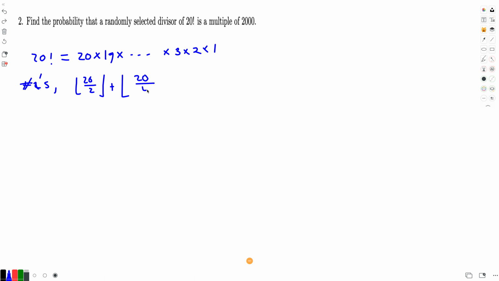So we need to account for those as well. Again, we're undercounting the ones with 3 2's, such as 8 and 16, and then 4 2's. And then we see that for 5 2's, the least positive integer with 5 2's in its prime factorization is 32, which is greater than 20.